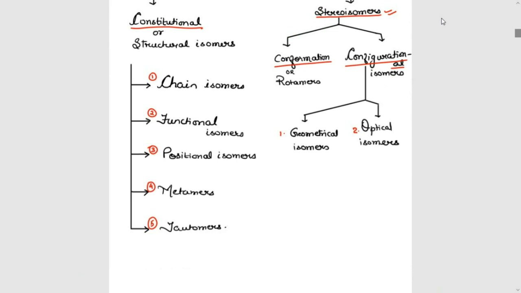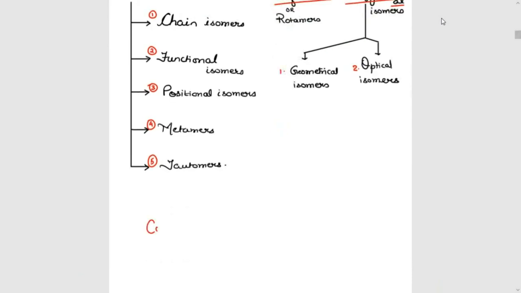I have a personal choice that, for our own comfort, we should divide configurational into two. One is enantiomers, that is those which are non-superimposable mirror images of each other. And second, we should put diastereomers.